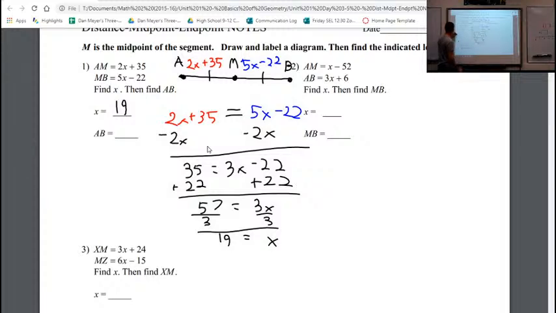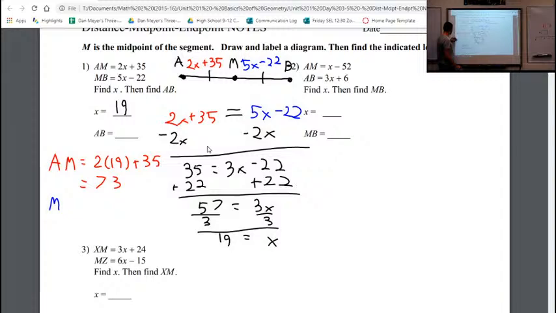A to M. A to M is the 2x plus 35, so it should be 2 times x, which is 19, plus 35. 2 times 19 is 38, and 35 is going to be 73.